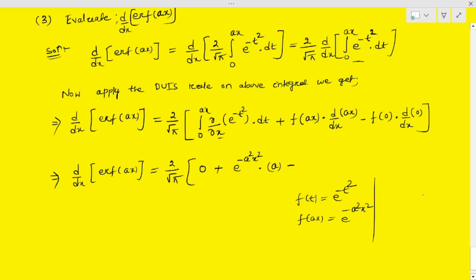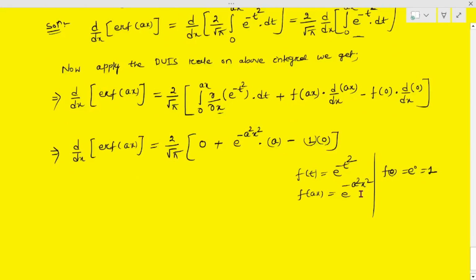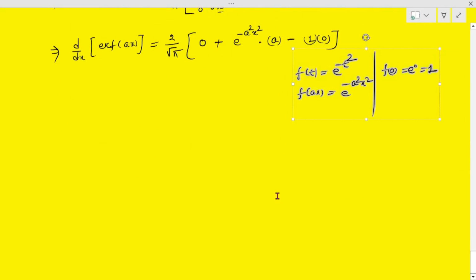Minus, here f of 0 will be e to the 0 equal to 1, but d by dx of 0 is 0. So finally how much did we get as the answer?